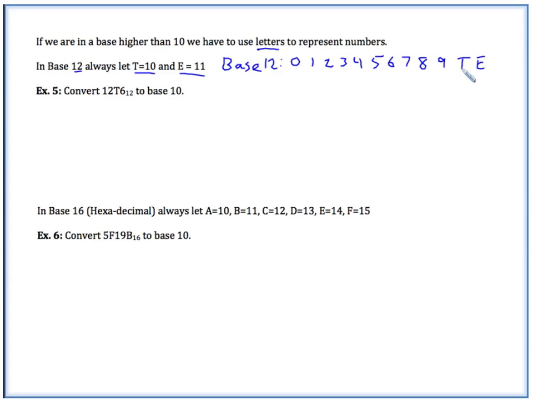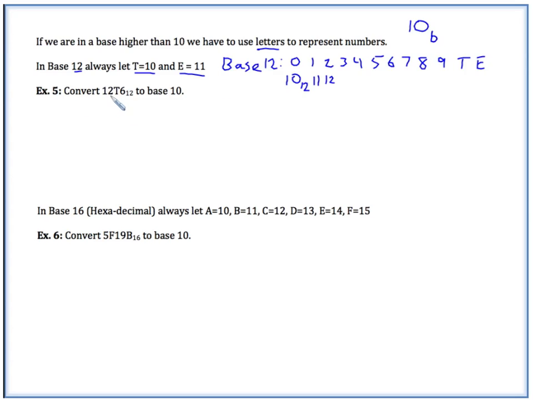So remember, t replaces the 10, e replaces the 11. Now if we wanted to write 12, we would actually write 1, 0. And this would be base 12, of course. If we wanted to write 13, we would write 1, 1. 14 would be 1, 2. So one thing to notice is whatever base you're in, it's always going to be 1, 0, and then the base.